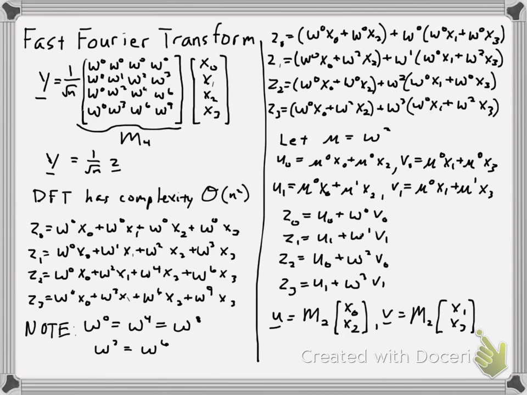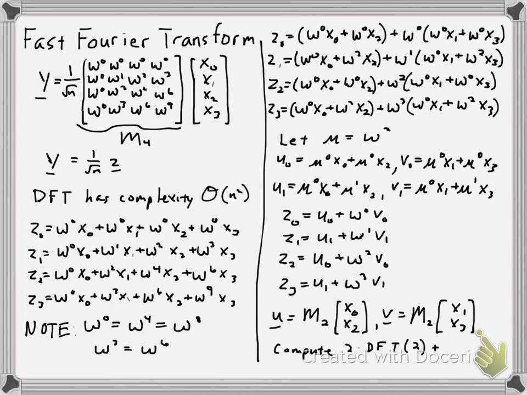So to compute this discrete Fourier transform using this idea, we basically compute two DFTs of 2 by 2 matrices, so I'm going to write it this way, and then plus a computation of z, which is going to require 3 multiplications and 4 additions, and hopefully you see that.